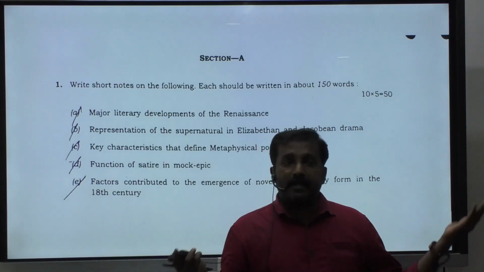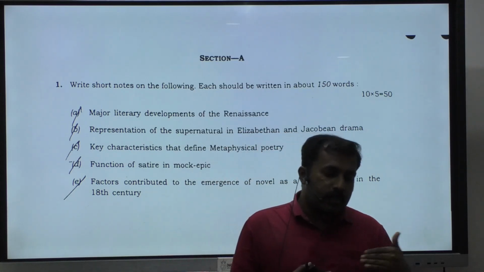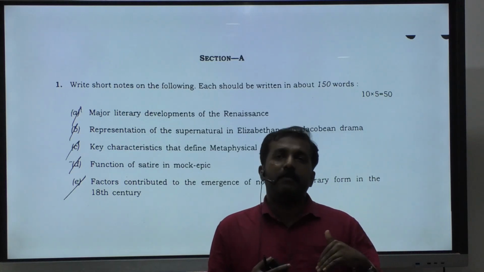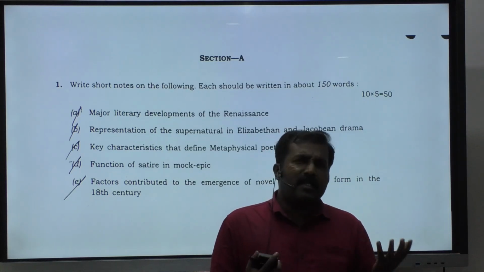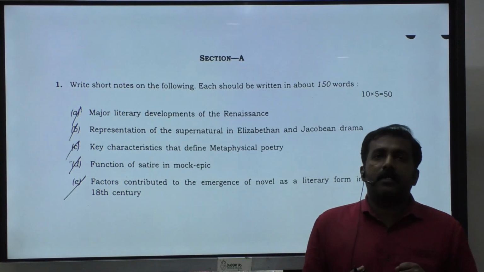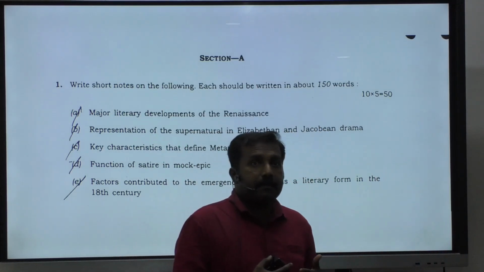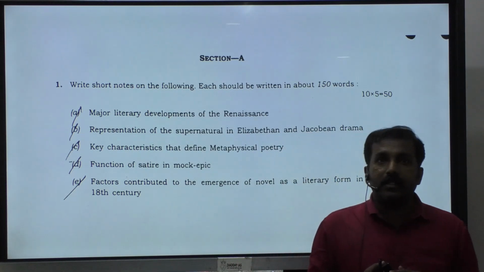Drama became the greatest artistic development in that time, and prose became versatile. And another important impact in Renaissance development is the printing press. So we can also mention that in this answer.